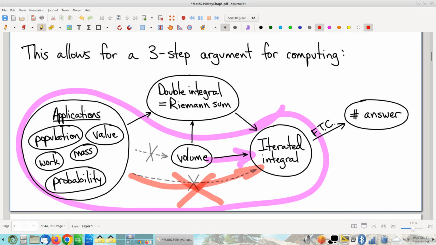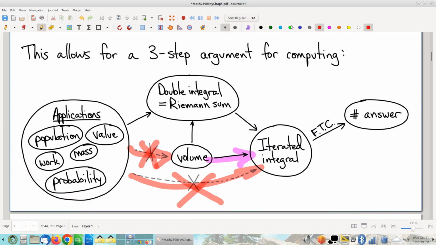Okay, and likewise, of course, mass is not just the same as volume. They're two completely different things. If you want to make a connection between an application and the volume under some graph, you need something better. Okay. All right, so this is what we had so far. What we just did is think about this right here.